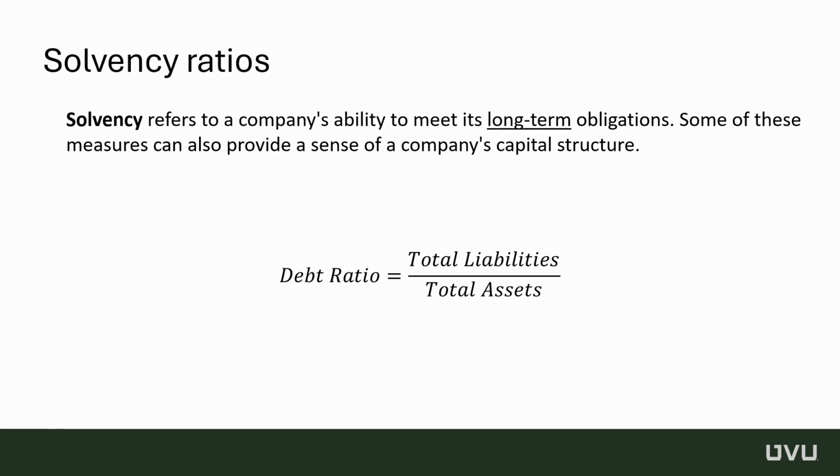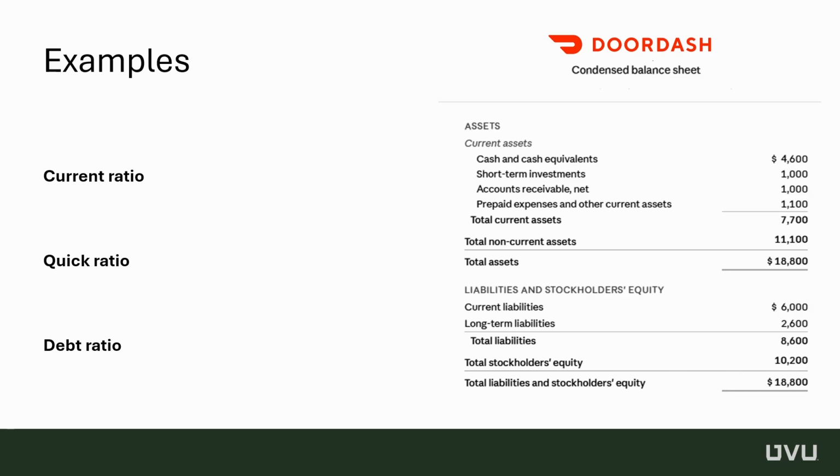The more debt a company has as a percentage of total assets, the greater its leverage. The debt ratio formula is total liabilities divided by total assets. And the interpretation is pretty straightforward. It tells us the percentage of a company's total assets that were financed with liabilities or debt, instead of through equity from owners.